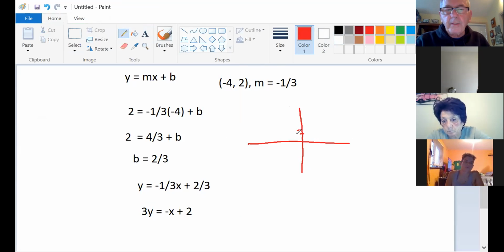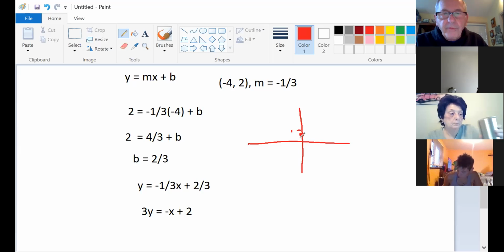If this is 1, it's going to cross right here, right? And it's got a negative slope of 1/3. So it's going to go down 1 and over 3. If this is 2/3, it would be down here and over 3.